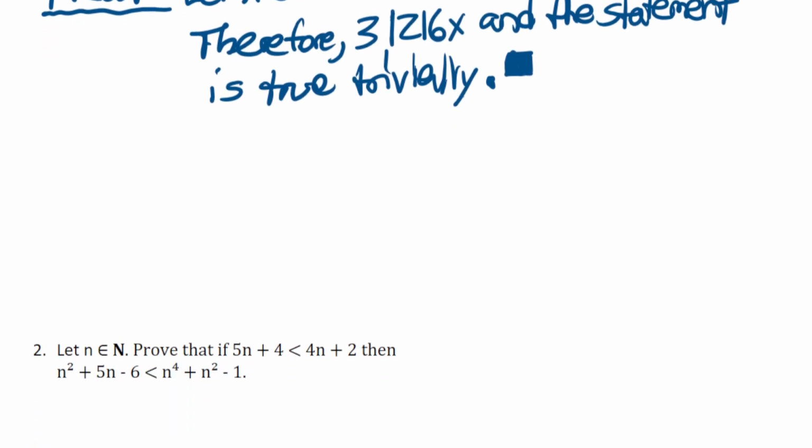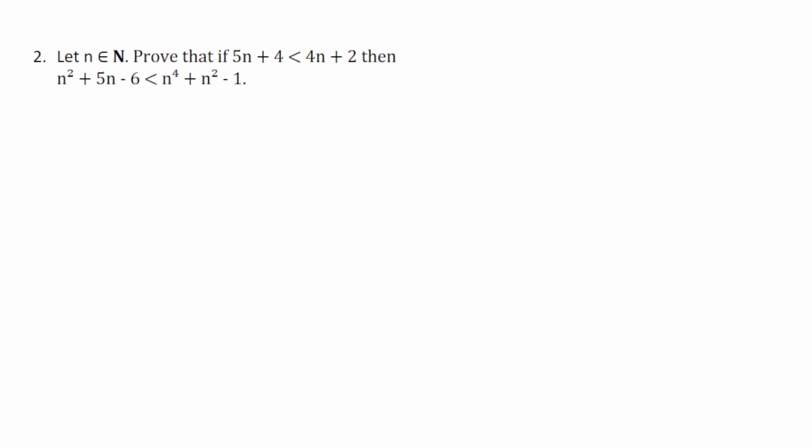All right, so let's go to problem 2. So we have let n be a natural number, and we need to prove that if 5n plus 4 is less than 4n plus 2, then n squared plus 5n minus 6 is less than n to the fourth plus n squared minus 1.